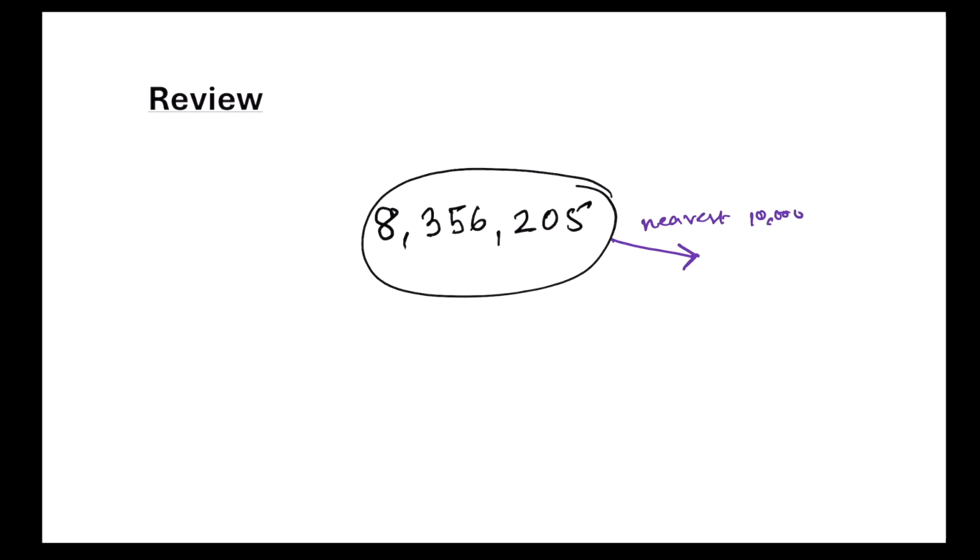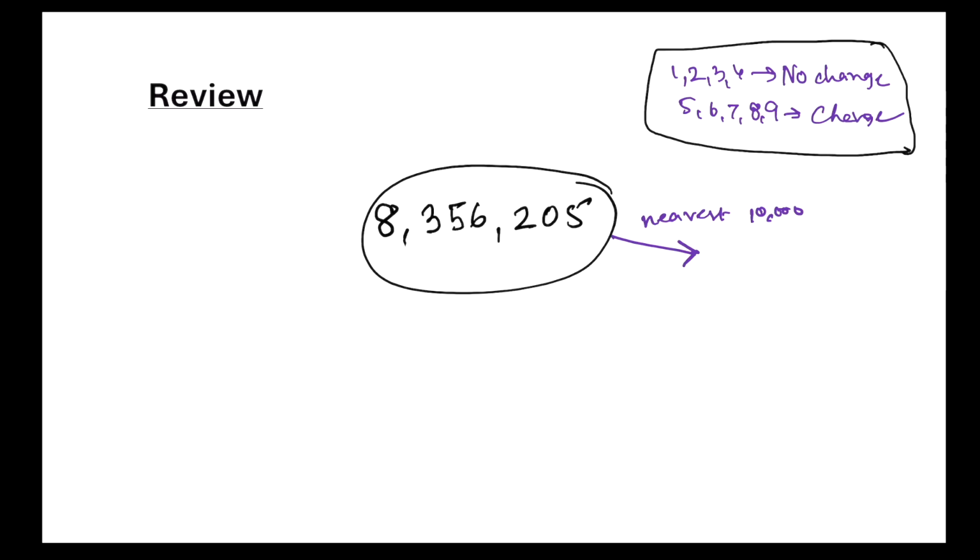But before that, let me write down the thumb rule. 1, 2, 3, 4: no change. 5, 6, 7, 8, 9: change. So here we are rounding to the nearest 10,000.